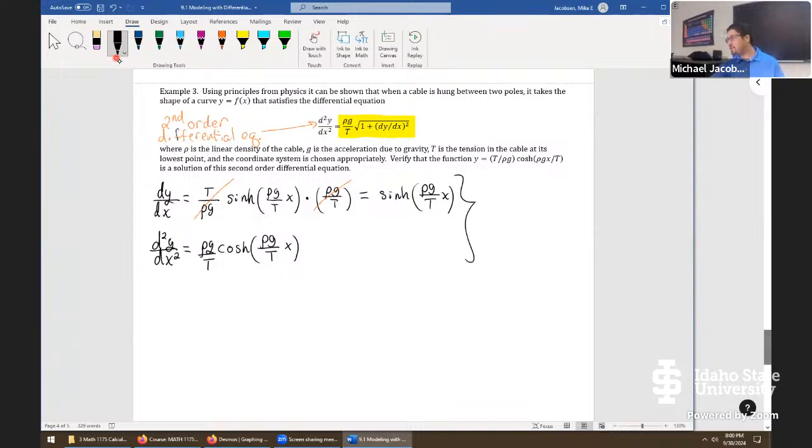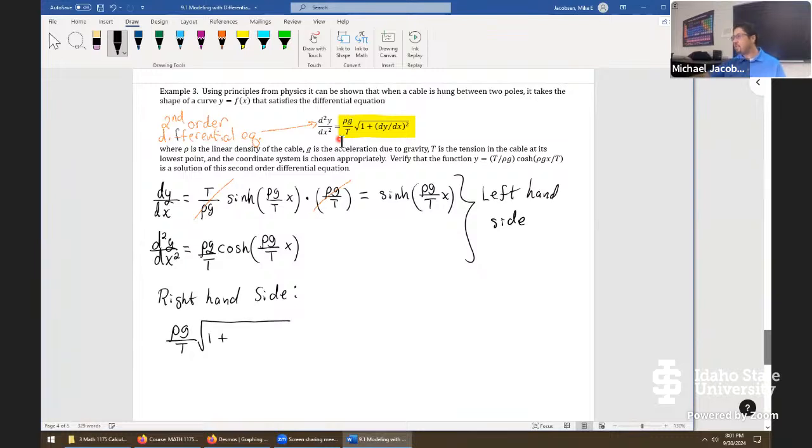Okay, just to organize, let's call this left-hand side, that whole bit there, and now here is the right-hand side. It starts with a bunch of constants, rho g divided by t, multiplying a square root of a 1 plus, and notice we already did the derivative here.